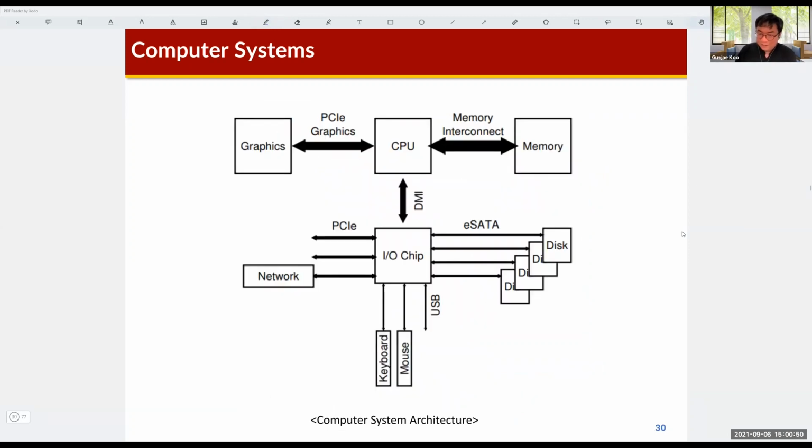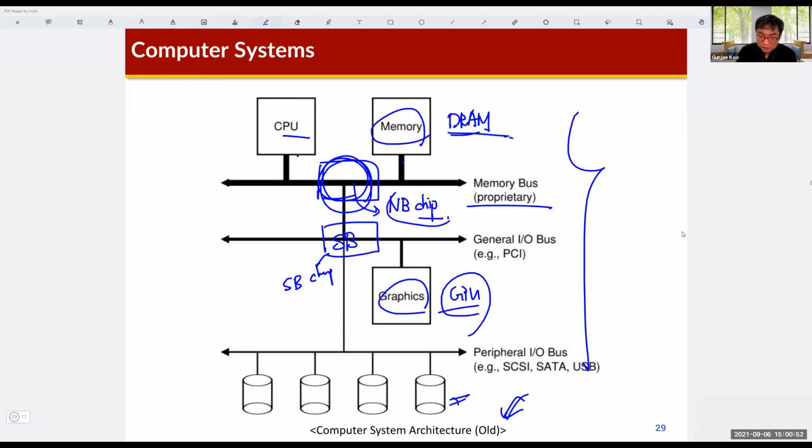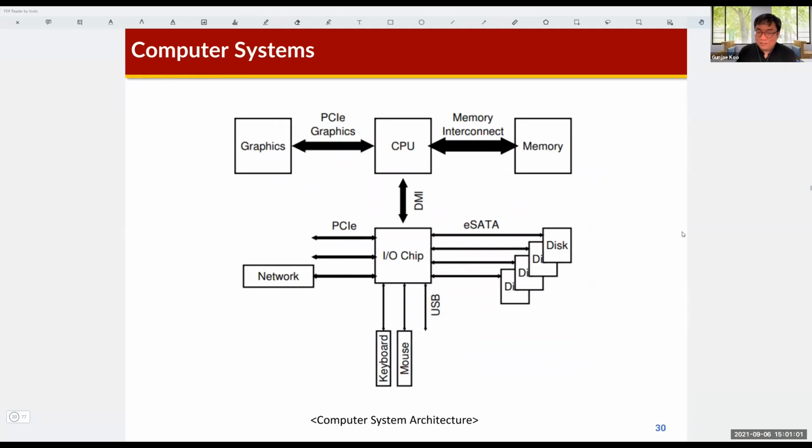And recently, this north bridge chip part is integrated in the CPU. So the modern computer system is composed of a CPU, and the CPU directly controls the data movement between DRAM, and also the data movement to GPUs, because the GPU handles a large amount of data.